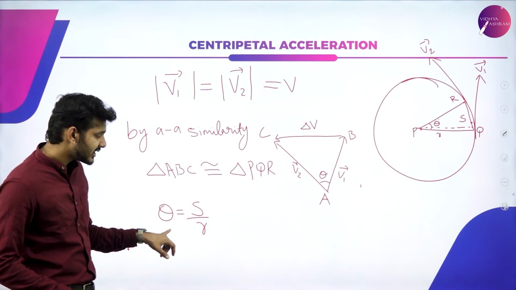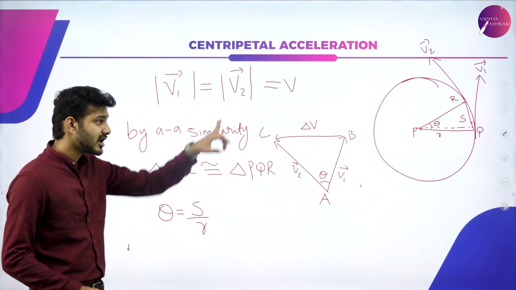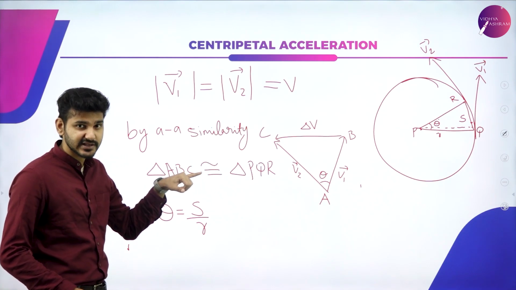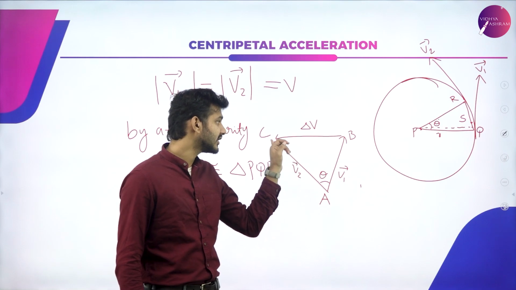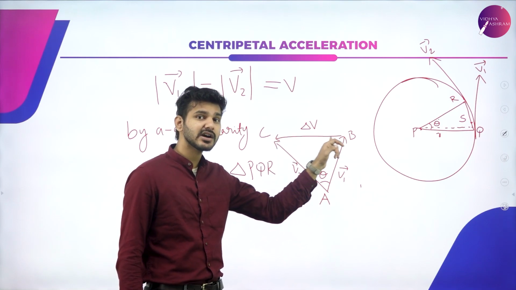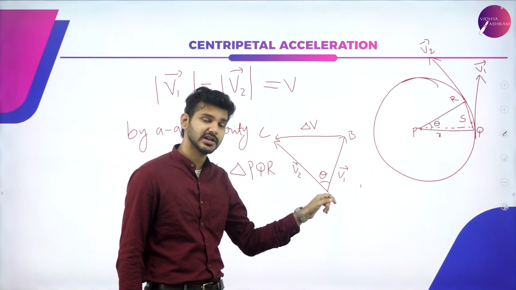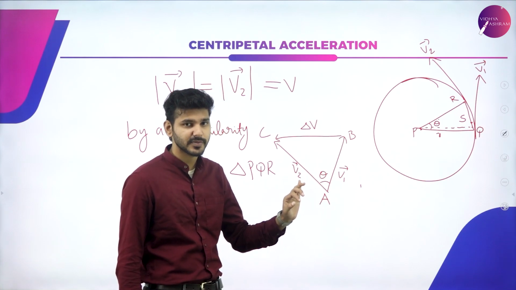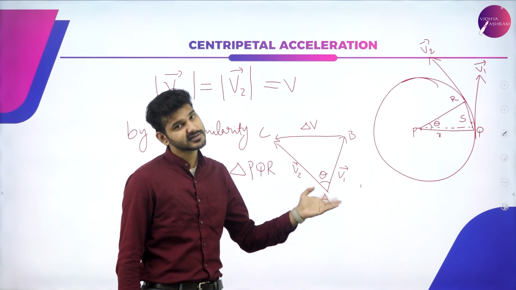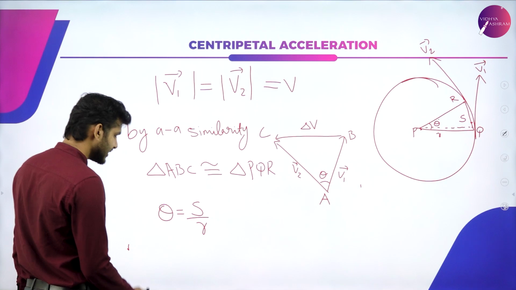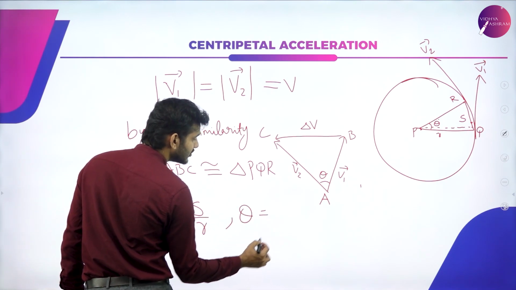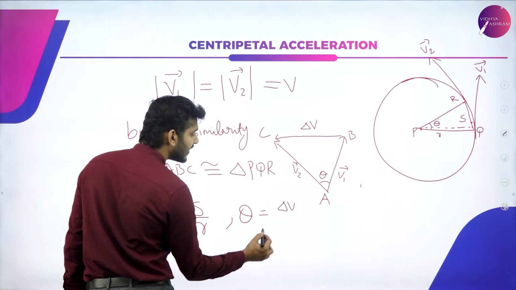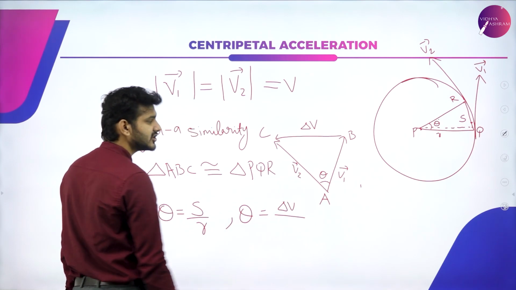Now this particular angle theta is equal to this side, that is delta V, divided by this particular side or this particular side. It does not matter because the two sides are the same. So we can see that theta is also equal to delta V divided by V2 or V1.